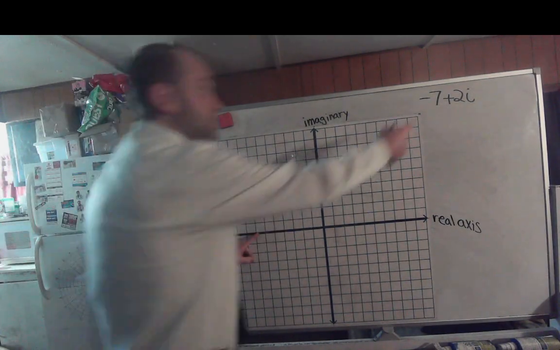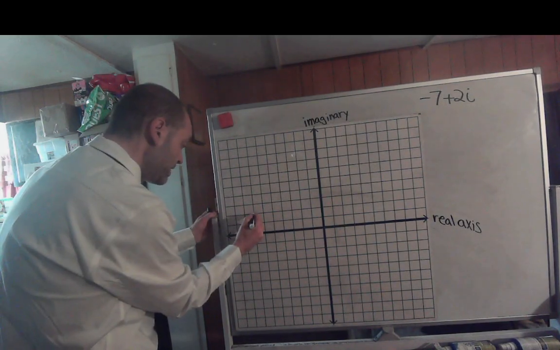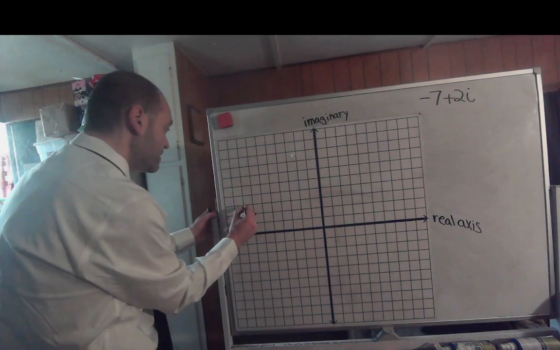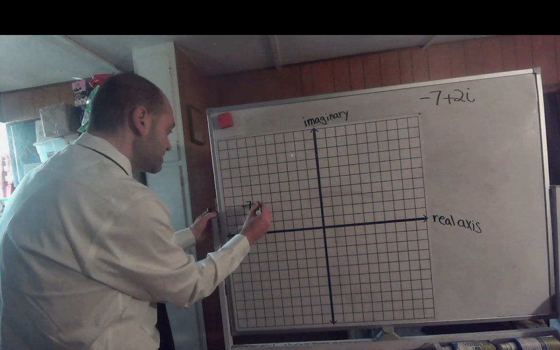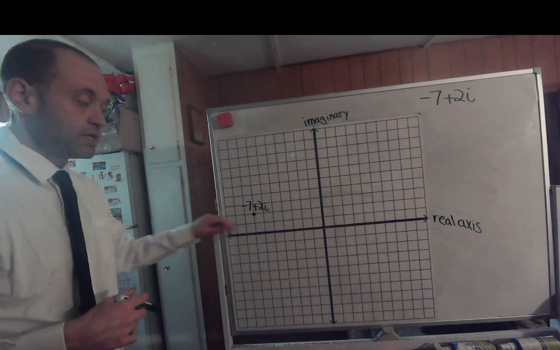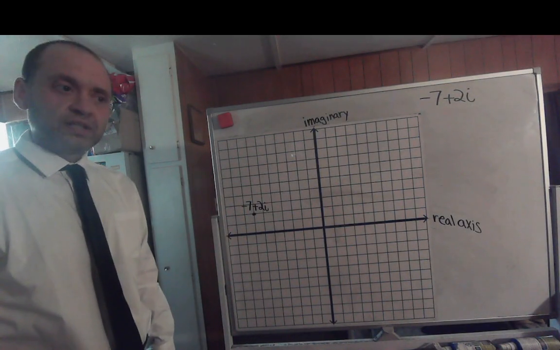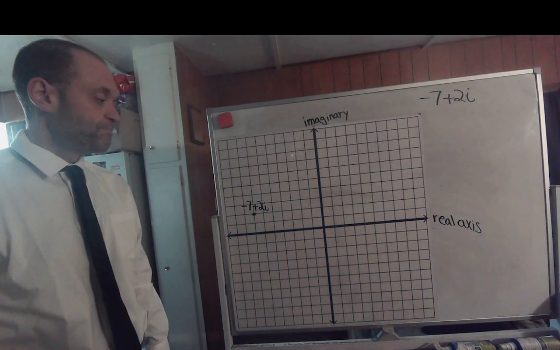And then up 2 on the imaginary, 1, 2. So that would be right here. That is my -7 plus 2i. I end up in the second quadrant. So plotting complex numbers is really pretty simple.